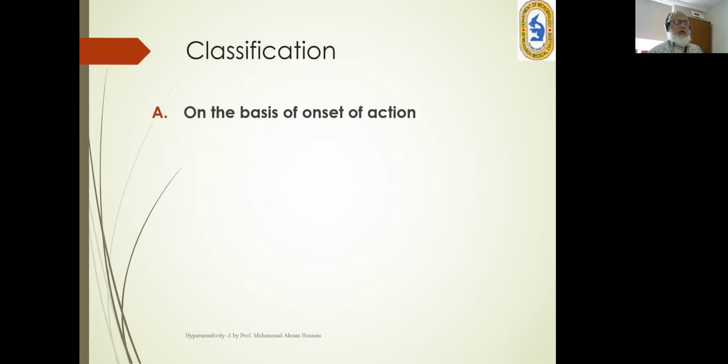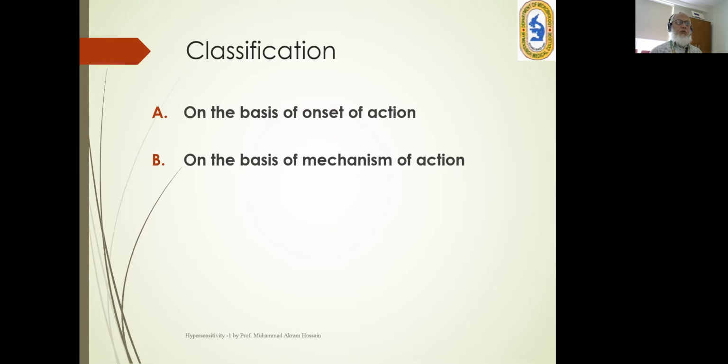Let us discuss the classification of hypersensitivity. They can be classified on different bases. First of all, on the basis of onset of action, after introduction of the antigen, how fast it occurs. There are basically two types we will discuss: immediate and delayed. This can also be classified on the basis of mechanism of action.